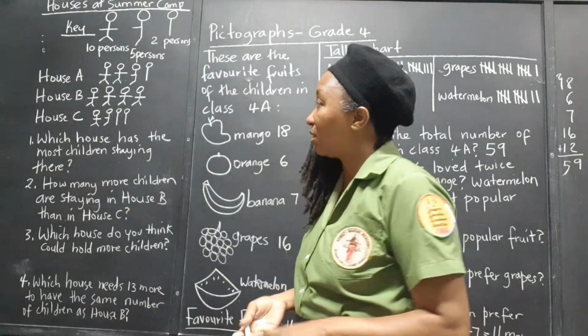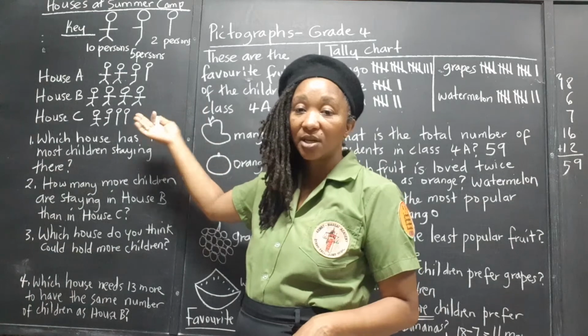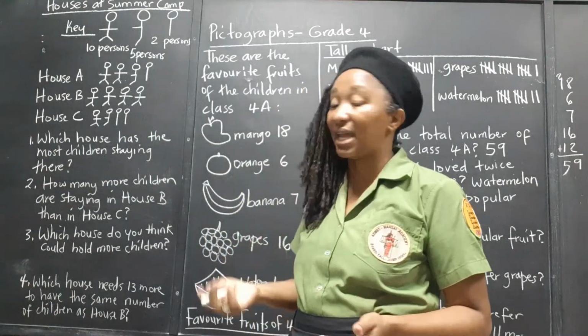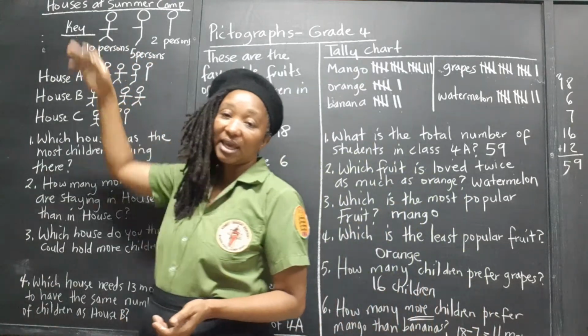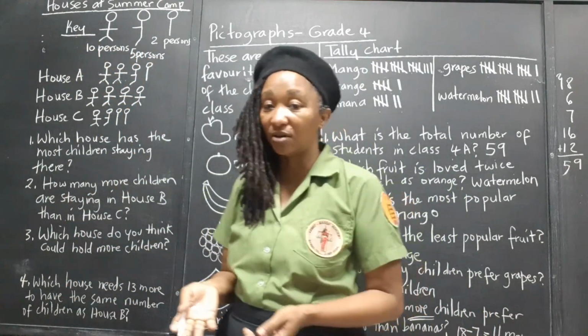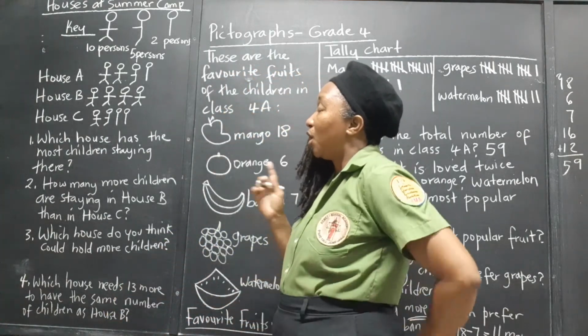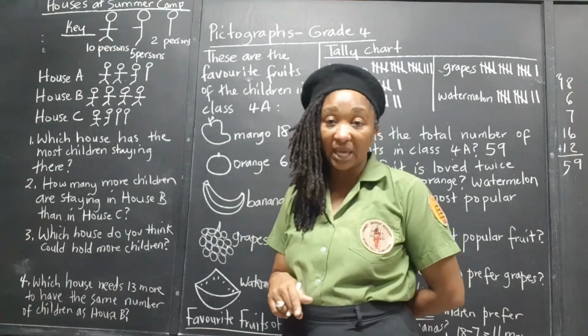They're using pictures, diagrams, symbols to represent the number of children who are staying at each house. The key or the legend is telling us what each symbol represents. Now, this is very important. This is a common mistake made.